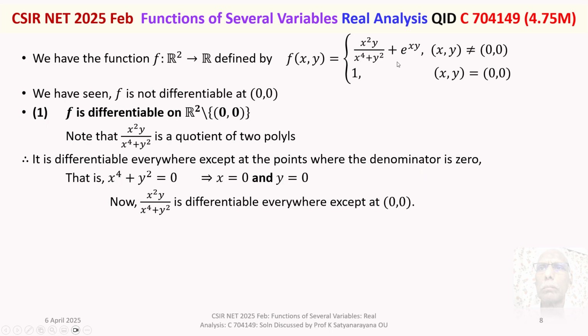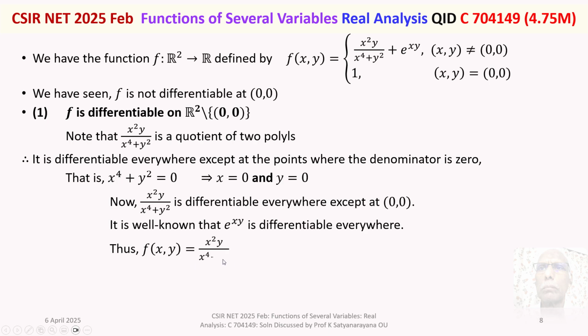And the next function is e to the power of x y. It is well known the exponential function is differentiable everywhere. It's a function of two variables, and it is well known e to the power of x y is differentiable everywhere. Therefore, you take the sum. Thus, f of x y, the sum of these two, is differentiable everywhere except at 0, 0.